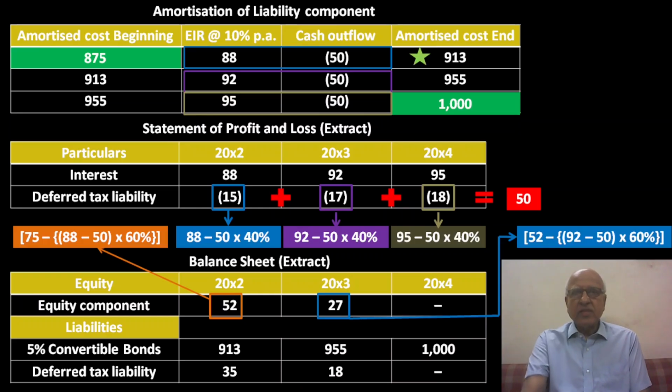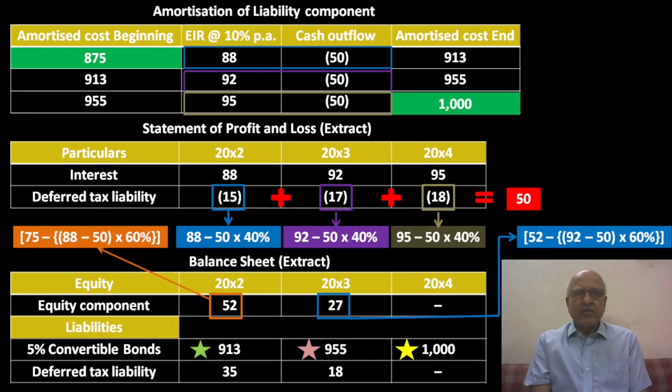And in the last year, this amount is automatically the balancing figure. Now you see amortized cost is 913. It's coming here, you see, we have worked out. Second, 955 coming here. And third, 1000. That is our ultimate obligation.